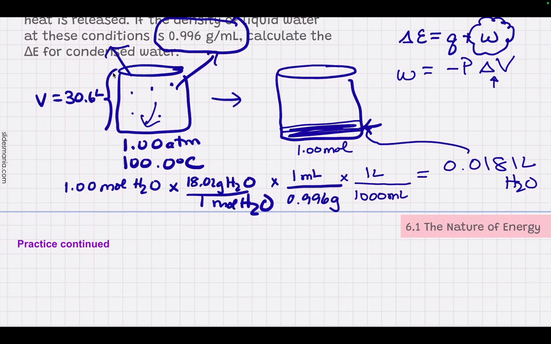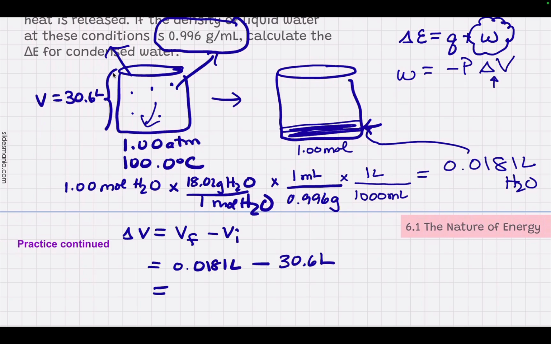So I want to now calculate my delta V, sorry. So I'm going to take that final volume and subtract the initial volume. So I'm going to take 0.0181 liter minus my initial volume, 30.6 liters. And I'm not really going to do sig figs right now because if I do, then you won't really see a volume change.